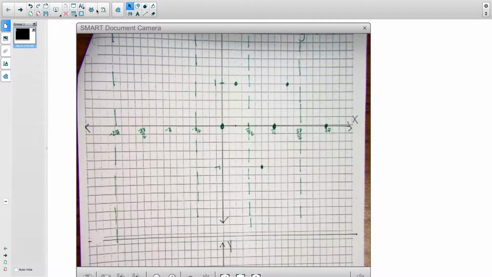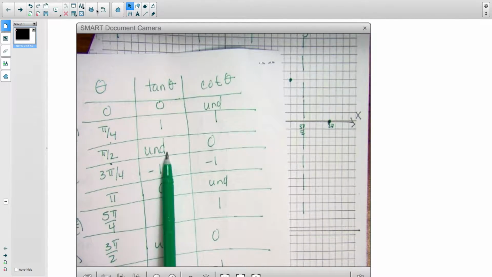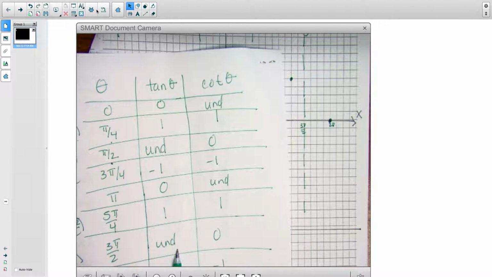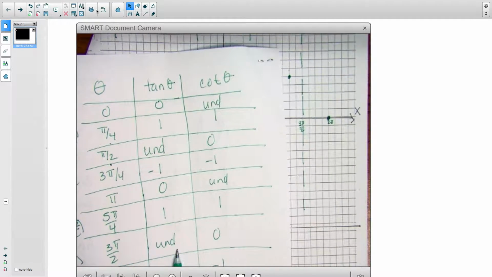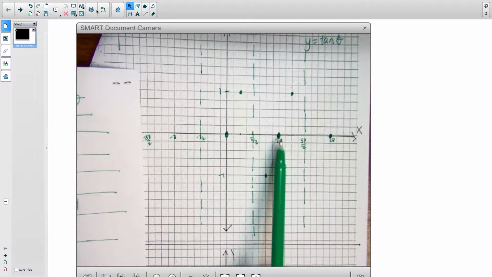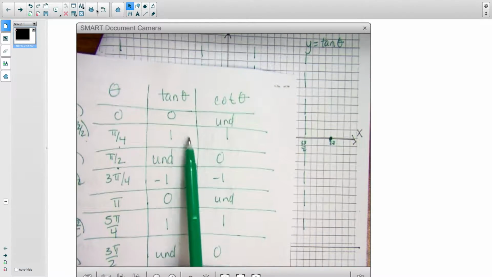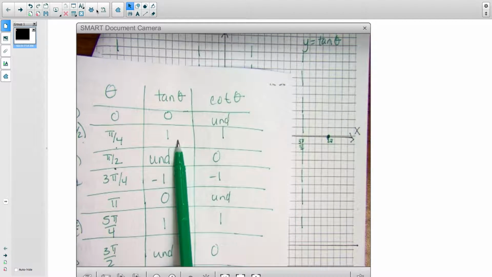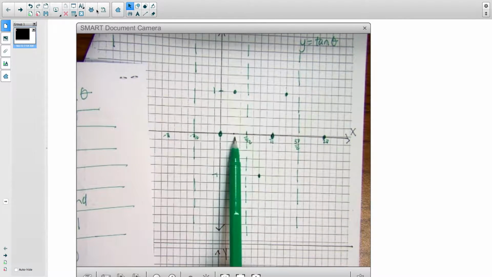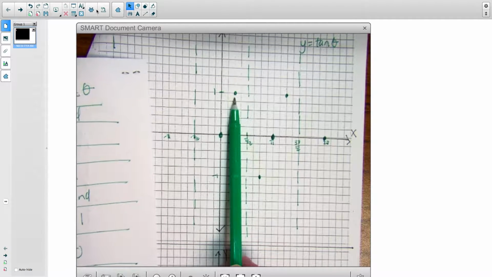Okay, so we did our asymptotes. Our asymptotes were at pi over 2 and 3 pi over 2. Okay. Our zeros are at 0, pi, and 2 pi. Our ones are at pi over 4 and 5 pi over 4. 1/4 is halfway between 0 and a half.